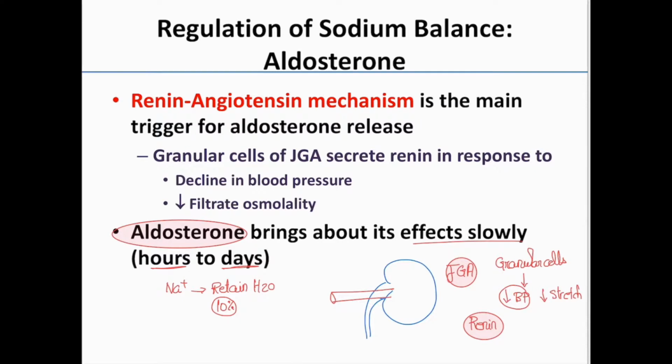So you might want to constrict the blood vessels to have a faster response to the drop in blood pressure, and this was actually one of the functions of angiotensin 2. The first function we discussed was constriction of the arterioles, which increases the total peripheral resistance. At the same time, angiotensin 2 stimulates the release of aldosterone, which brings its effects within hours to days.